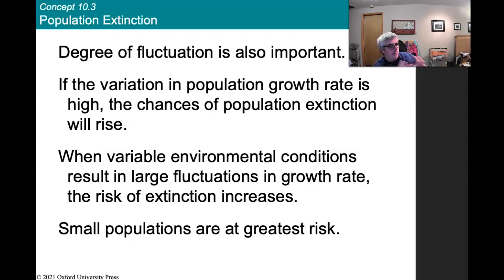And if those populations are small, they sort of disproportionately feel whatever those environmental variations are, which can drive them to zero or can drive them to millions. When variable environmental conditions result in large fluctuations in growth rate, there's a high risk of extinctions. And so again, tightly tied to environmental variation, small populations are at risk.